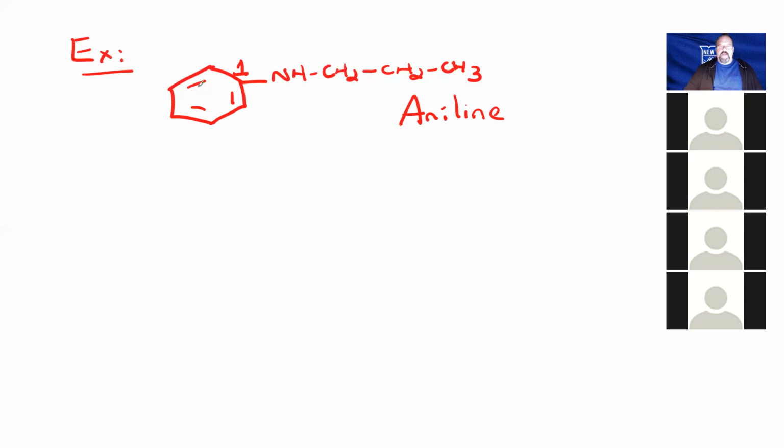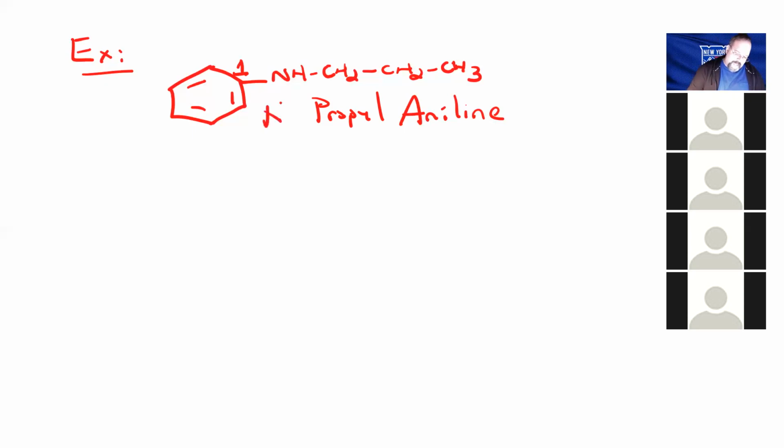But the issue is there's nothing else attached to the ring. This carbon group is attached to the nitrogen. So first off, what's the name of that carbon group as a branch? Well, CH2, CH2, CH3 as a branch is what is known as propyl. And how do we indicate in the name of this amine that that carbon group is attached to the nitrogen?